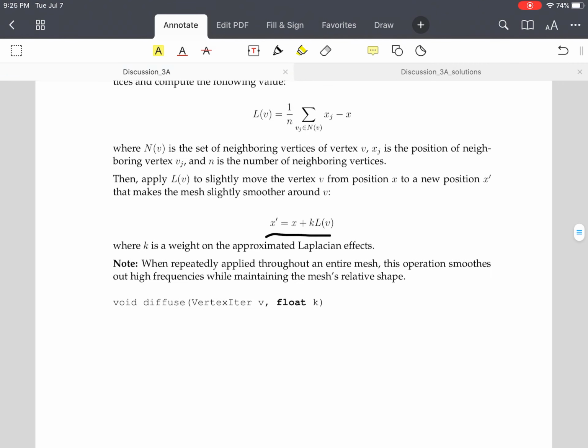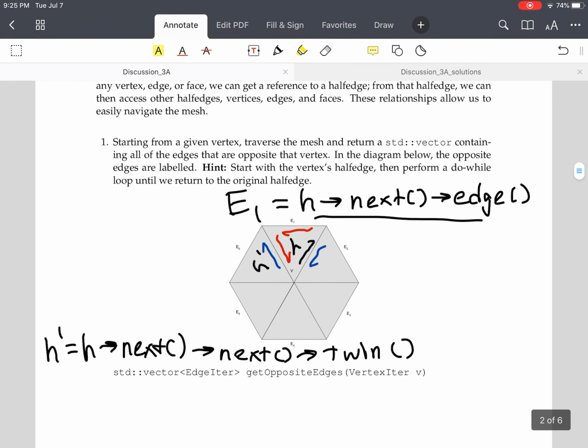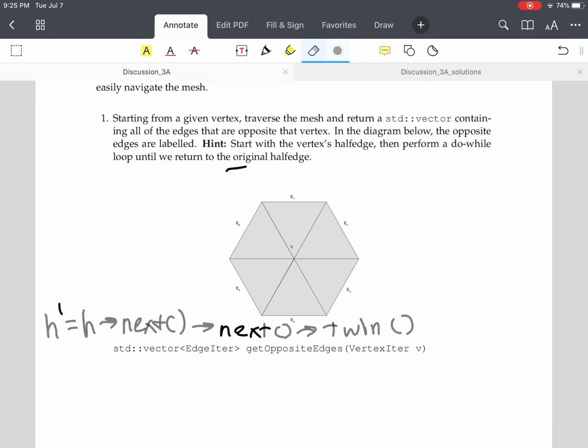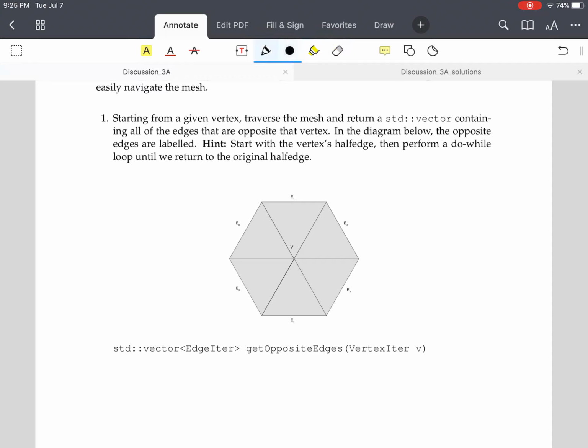Okay, so let's think about how we want to do this. Just like last time, we want to be able to get away. So if I erase all of this, okay, so now we're here. We have H, and what we're interested in is that right there.